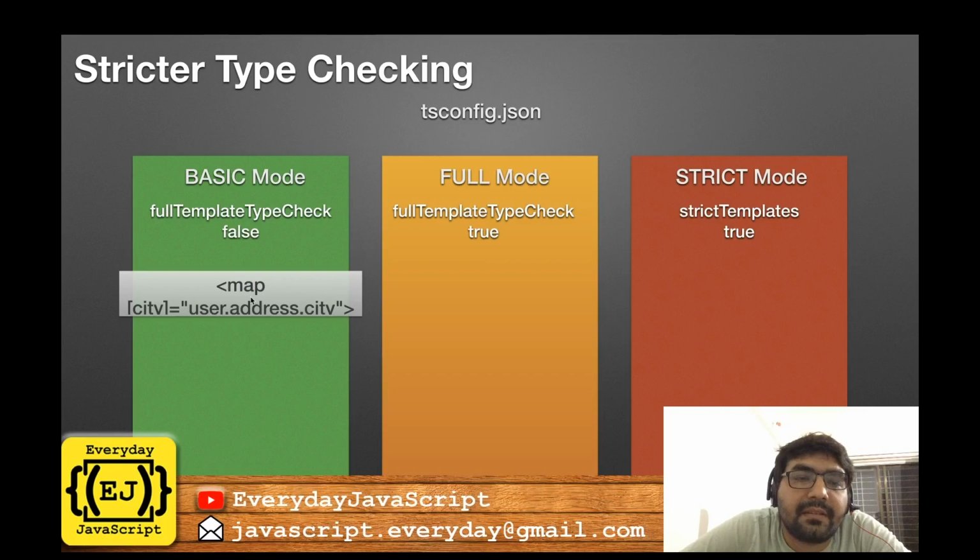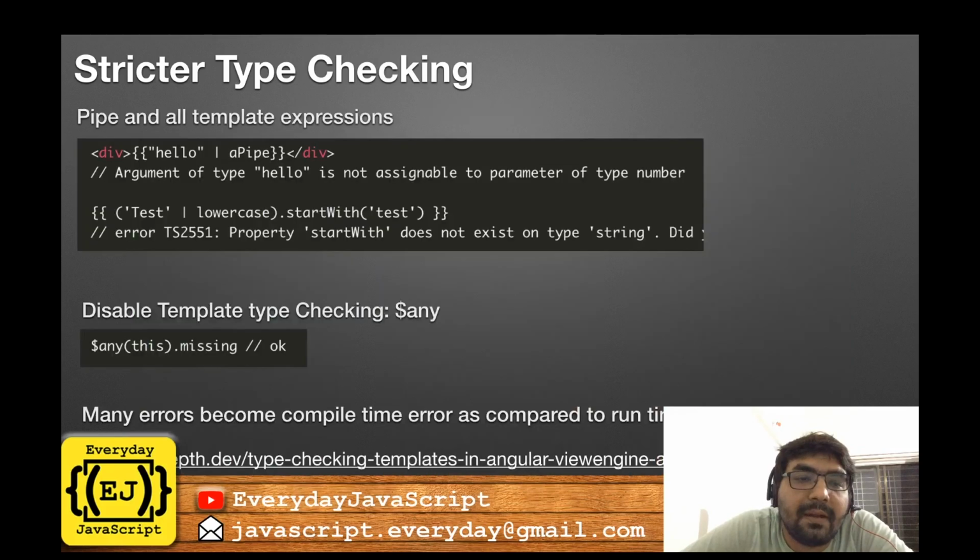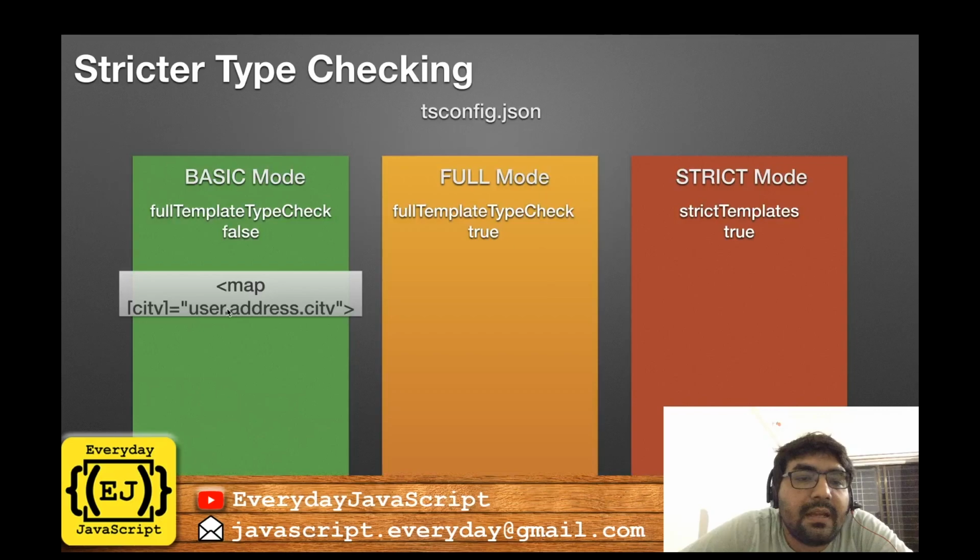If I were to give an example, let's say map was a component and city was one of the attributes to be passed to this map component, then it would just go ahead and check whether user is an object, user.address is an object, and user.address.city is present or not. But it will never go ahead and check whether this value, of whatever type it is, is assignable to this or not. It will give you a runtime error rather than a compile time error.